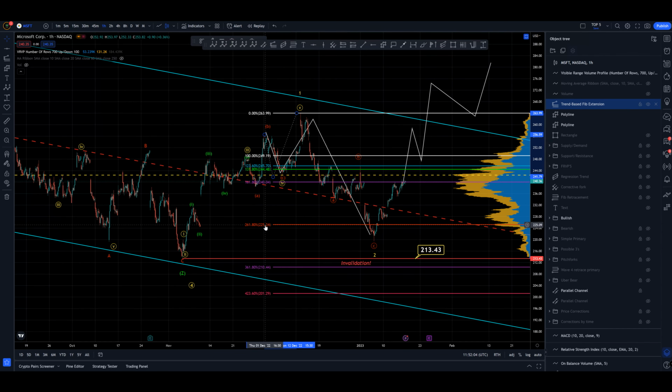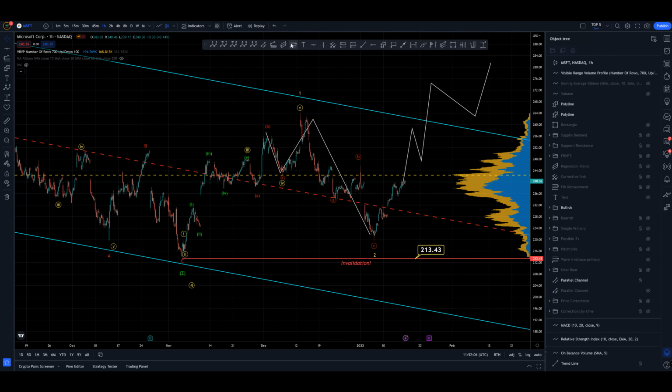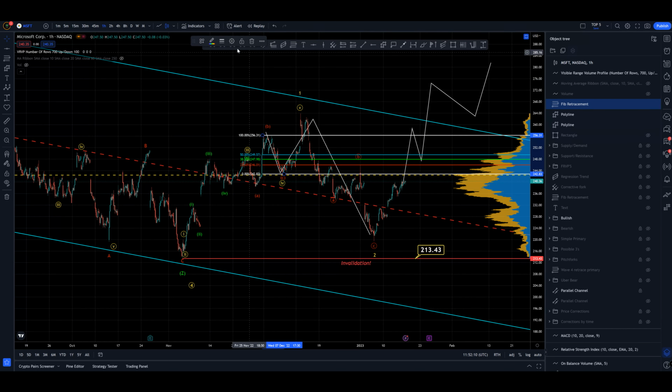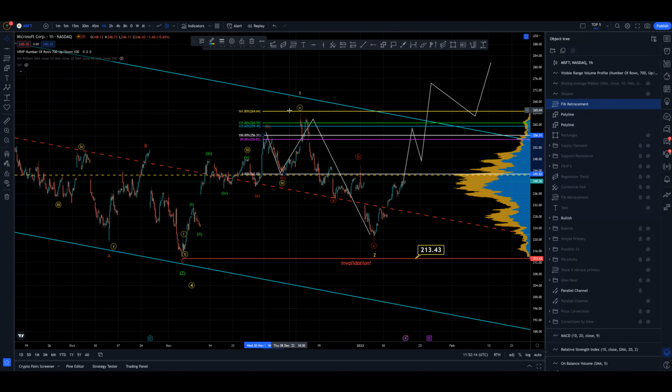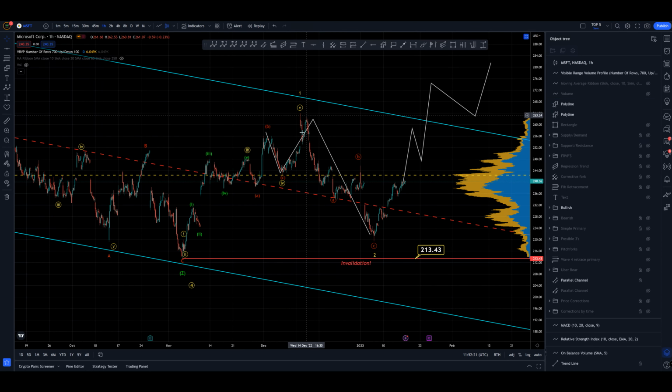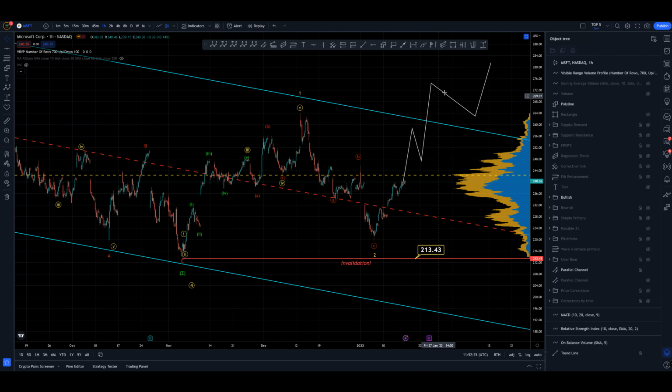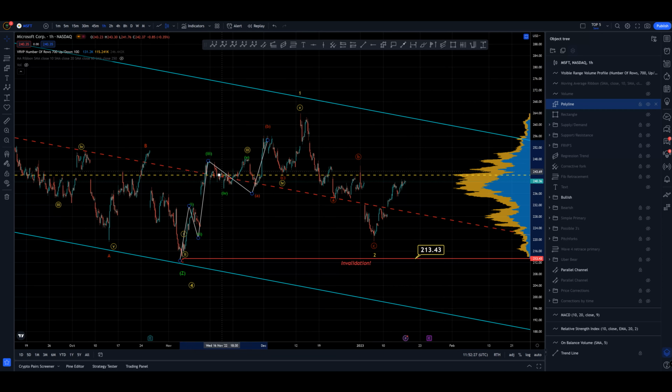It goes beyond the 2618. Don't really like that. And if we take the length of the B wave as well, from there we get the 1618, the most expansive extension we would expect to see in the B wave. That's tolerable, but the move down in the C seems too much to me. So I don't like that idea for an impulse.